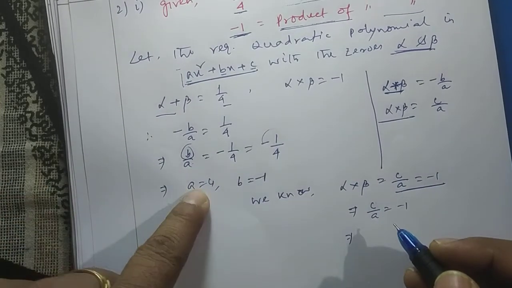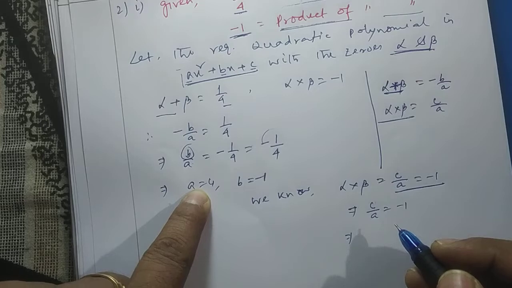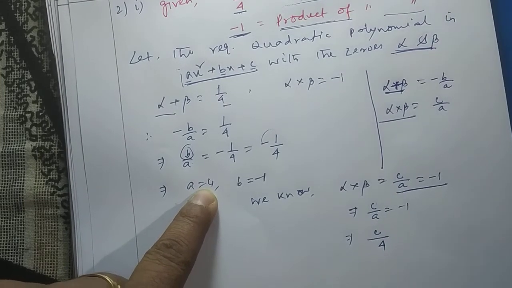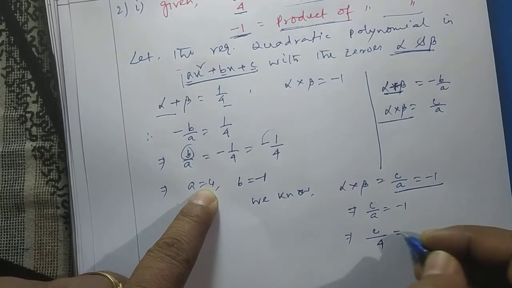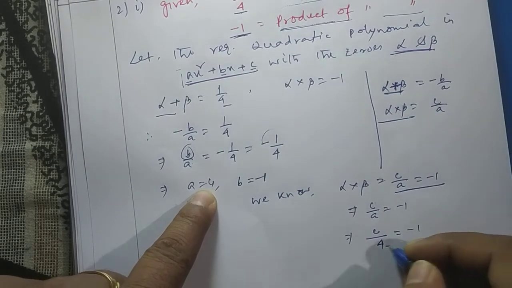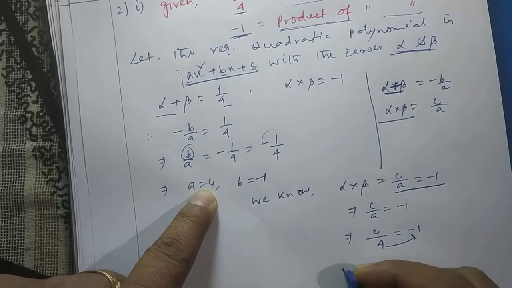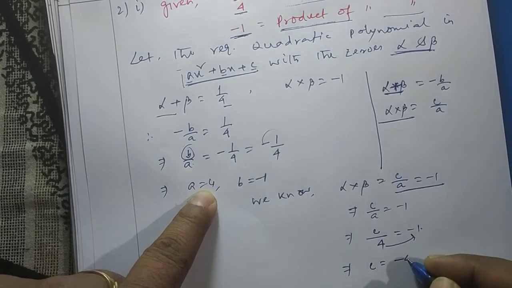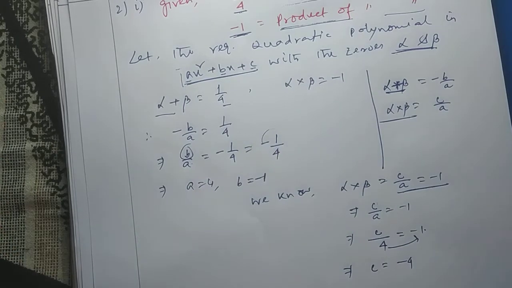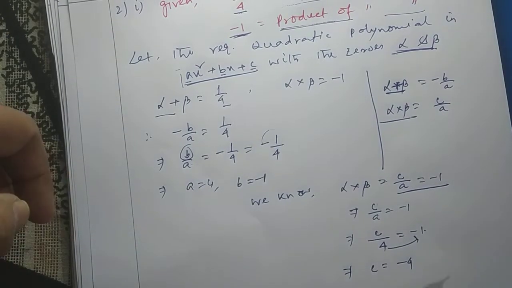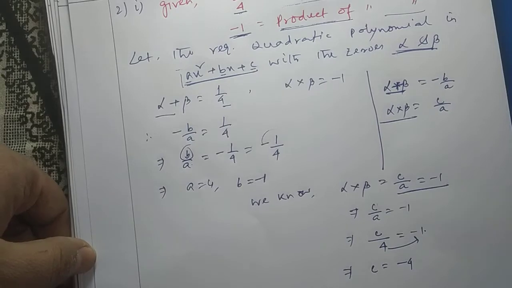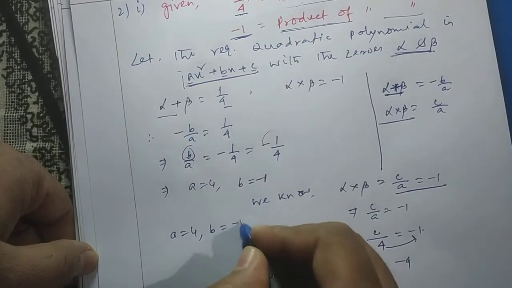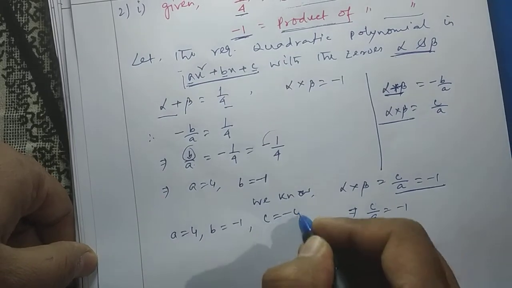In the previous step already we have got the value of a, that is 4. Now put down here. It will become c by 4 equal to minus 1. Now let us do cross multiplying. It will become c equal to minus 1 into 4, means minus 4. So in this way also we got the value of c, that is minus 4. So here we got a equal to 4, b equal to minus 1 and c equal to minus 4.